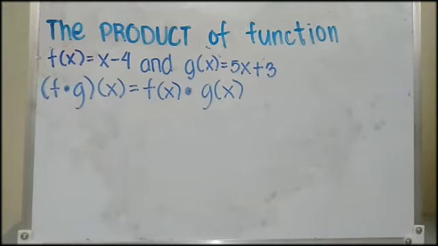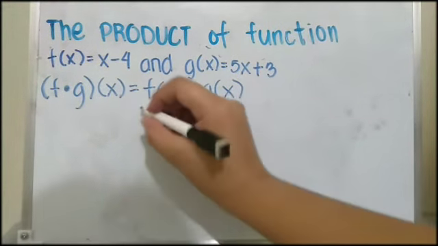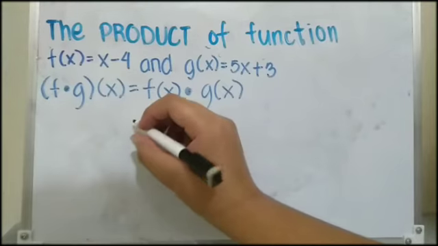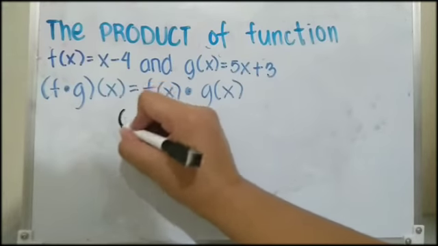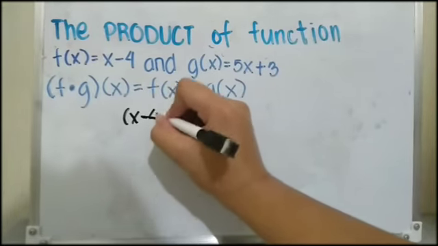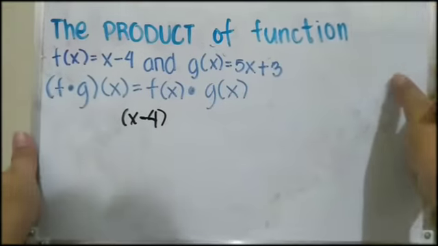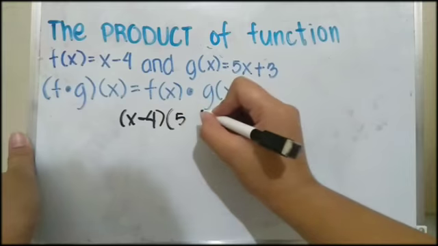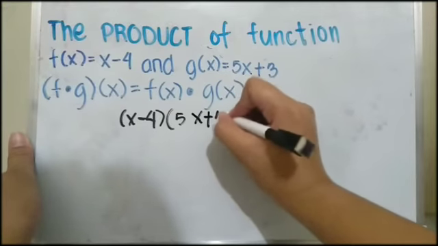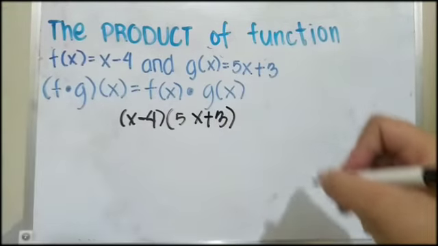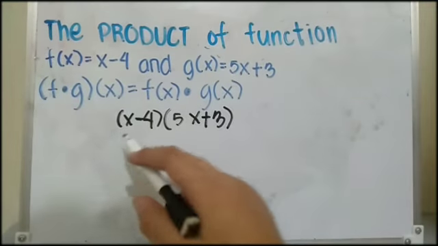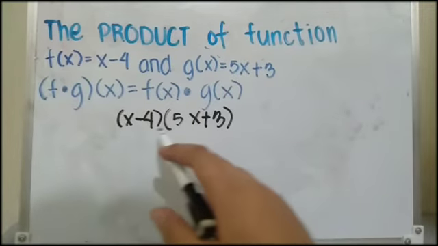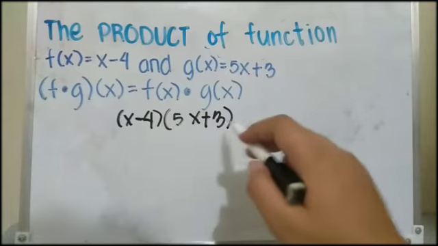So all you need to do is to put the value of f(x), which is x minus 4, times 5x plus 3. In this case, you will distribute everything that's in here.